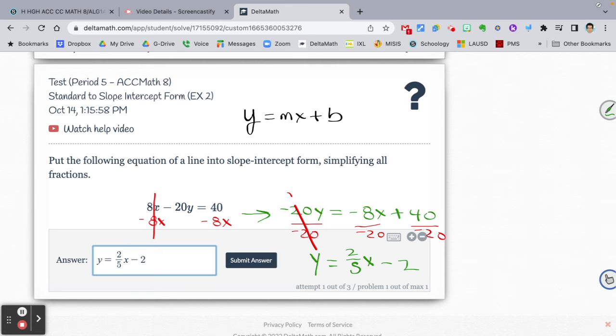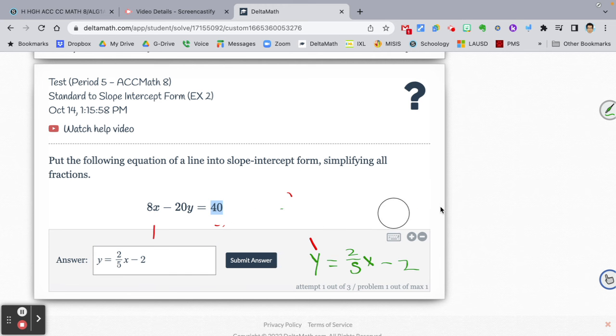And you'll have about 6 of those to do. Any questions though? It's always going to be the same process. Add or subtract away the x term and then divide by whatever the coefficient of y is. Sometimes it'll be negative, like this one.